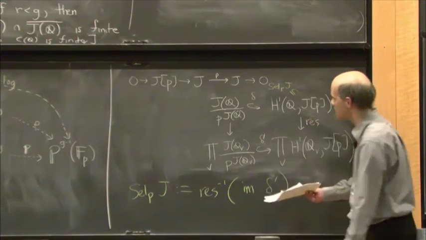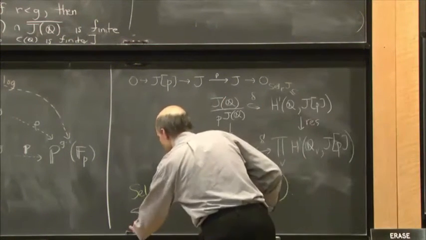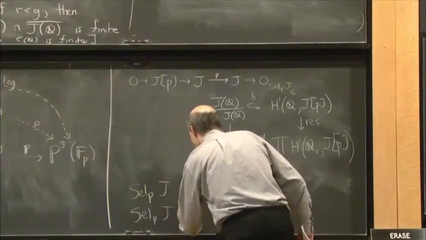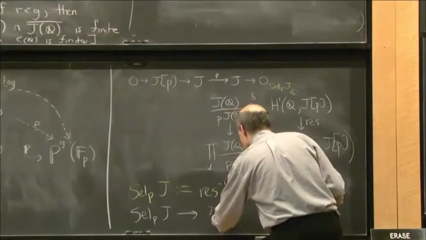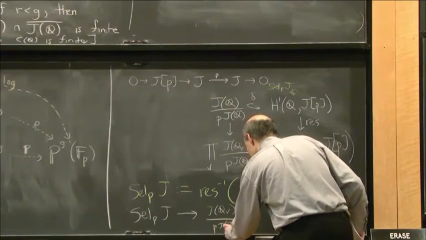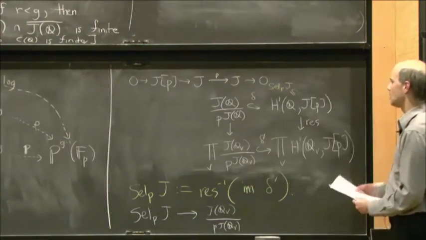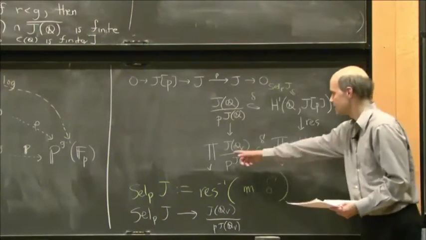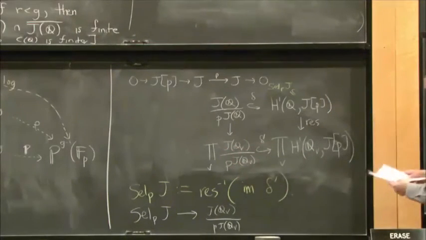OK, and then just by definition, there's an obvious map from this Selmer group. There's a homomorphism from here into J(Q_v) divided by p times J(Q_v). In fact, it's landing in the subgroup that's actually the direct product of these. So you can then just project onto one factor.